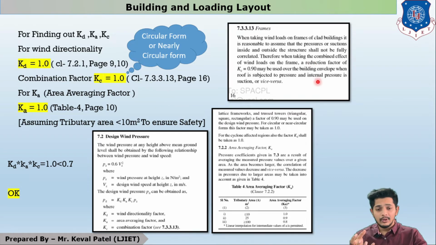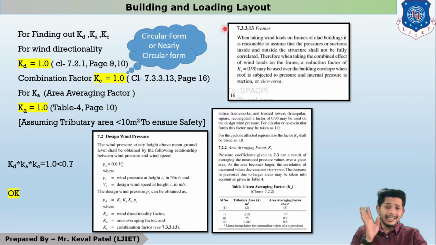Now Kc is a combination factor. Here, in a water tank case, there might be a structural collapse and it might be hazardous to the people. So for safety reasons, whenever you are having circular or nearly circular form, you should take the combination factor as 1.